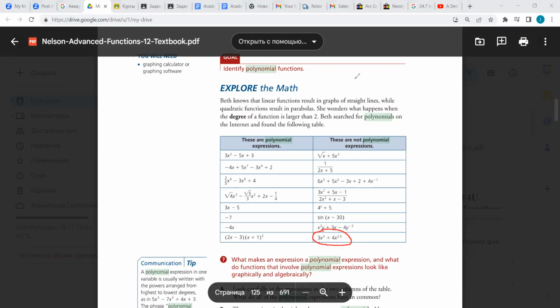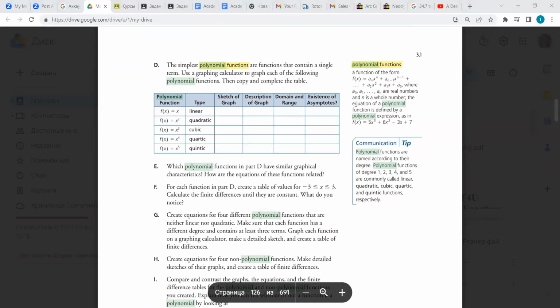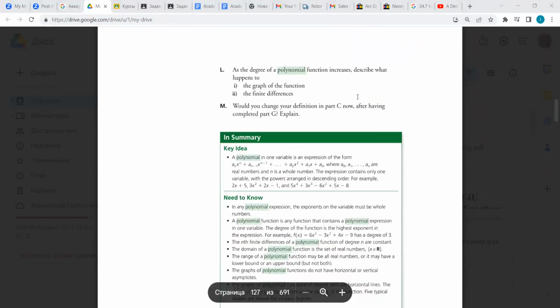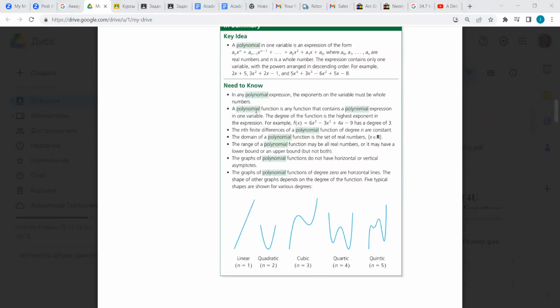We cannot have a fractional power. We don't work with them. Even though theoretically you can find it, we cannot do it algebraically. You need to know for sure that in any polynomial expression, the exponents on the variable must be whole numbers. That's what I was saying just a minute ago.